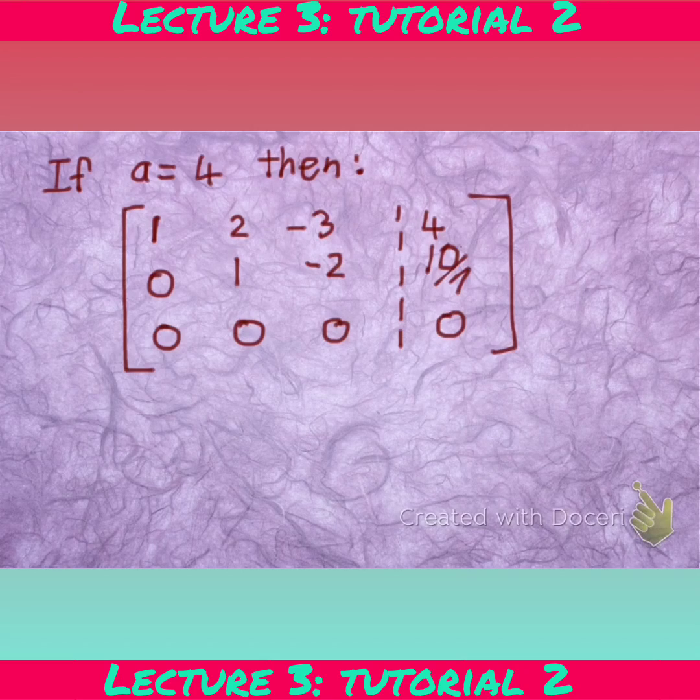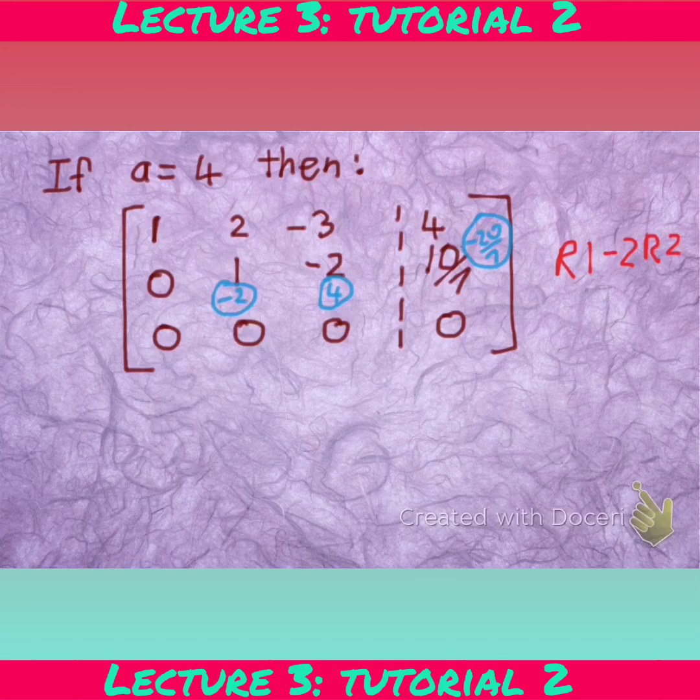So just further reducing the matrix a little bit, we can change the first row by adding minus 2 times the second row to the first row. Multiplying the second row by minus 2, we get the first entry minus 2, second entry 4, and the last entry minus 20 over 7. And then we're going to add it to the first row.